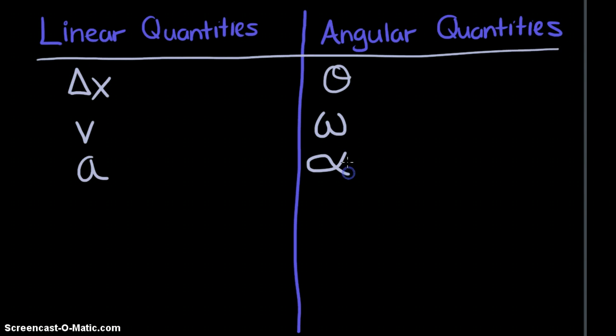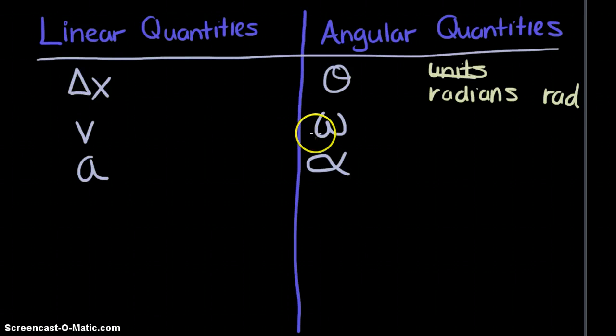Okay, so we found that for all of our linear quantities an angular quantity kind of matches. So we have our linear displacement, angular displacement. We have velocity and angular velocity, acceleration and angular acceleration. So I just want to take a quick minute to talk about units here. We know in terms of units that for this angle that we found, the units are going to be in radians. So you may see this radians here as RAD.